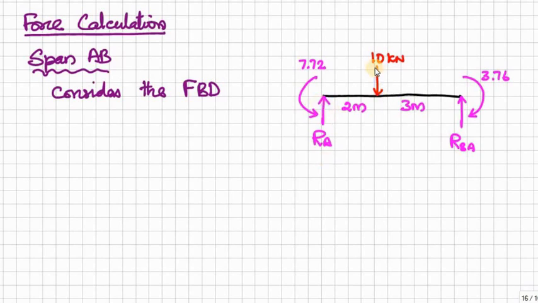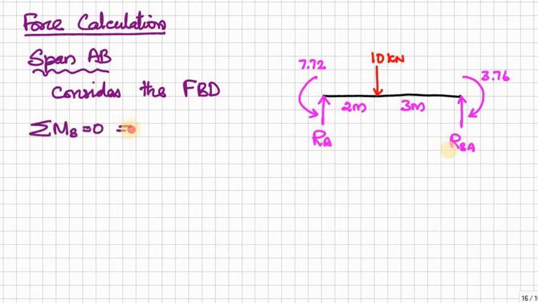Here we have 10 kilonewton, and here moment MAB, minus 7.72, therefore anti-clockwise direction. Here MBA plus 3.76, therefore this is a clockwise moment. This is the reaction at A, this is the reaction at B, RA and RBA. We have to find out the values of RA and RBA. Since this is a determinate structure, we can apply equilibrium equations directly, that is sigma m is equal to 0 and sigma v is equal to 0 to find out these two values.